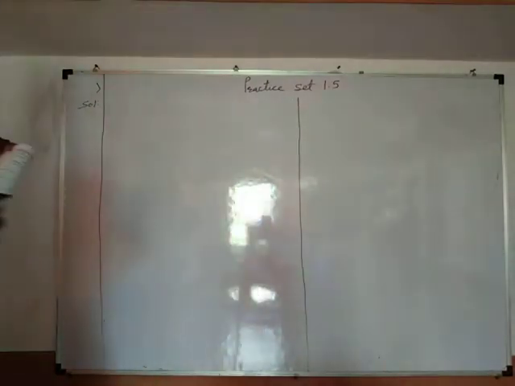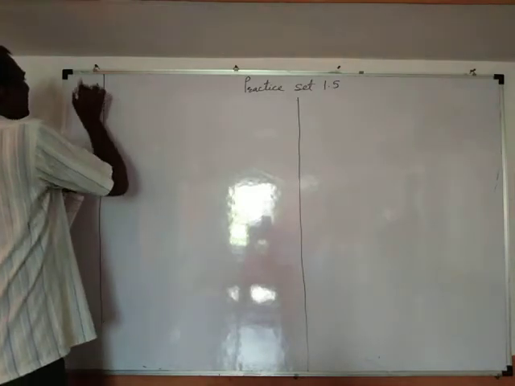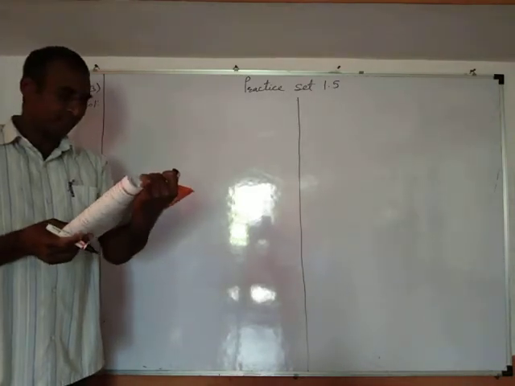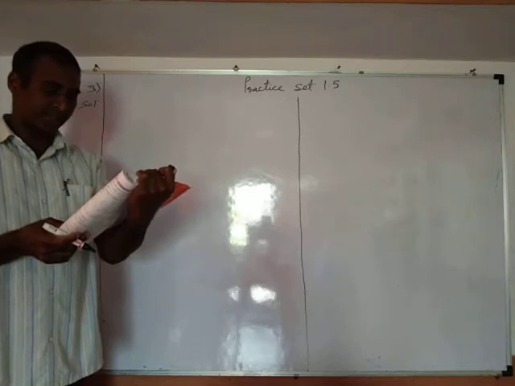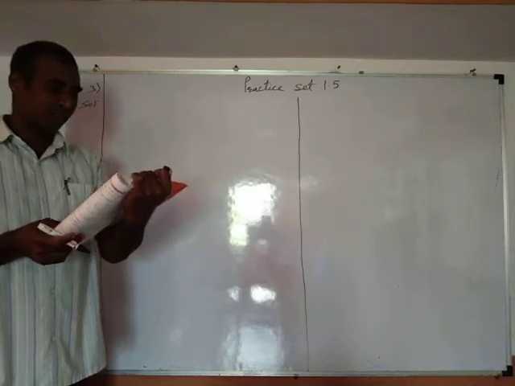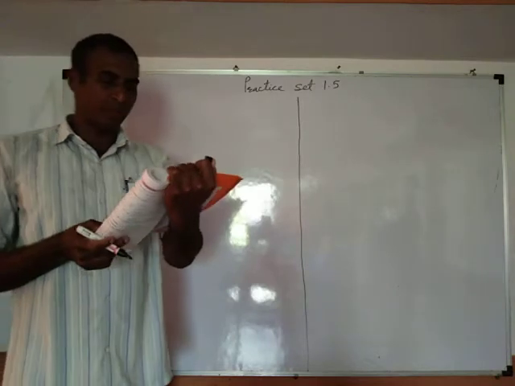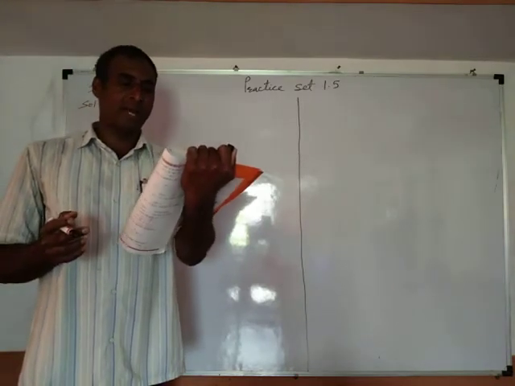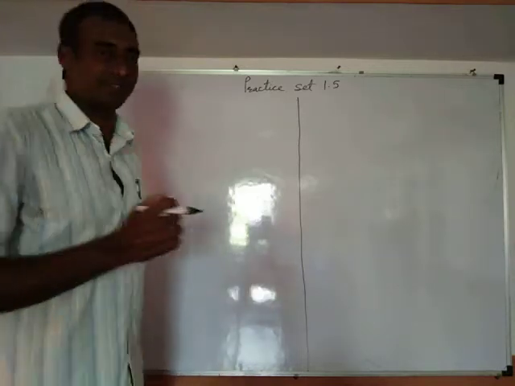Let's see question 3rd. Solution. The sum of father's age and twice the age of his son is 70. If we double the age of the father and add it to the age of his son, the sum is 95. Find their present ages.